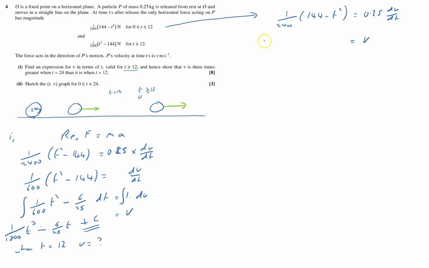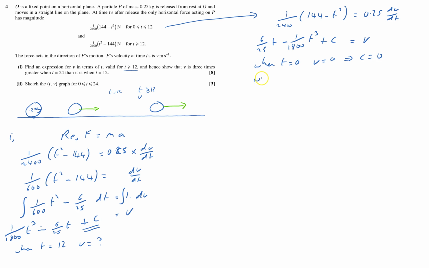So v equals 6/25 of t minus 1 over 1800 t cubed plus c. I need to find c. I'm told that it's stationary when t equals 0. So when t equals 0, v equals 0, and therefore c equals 0.